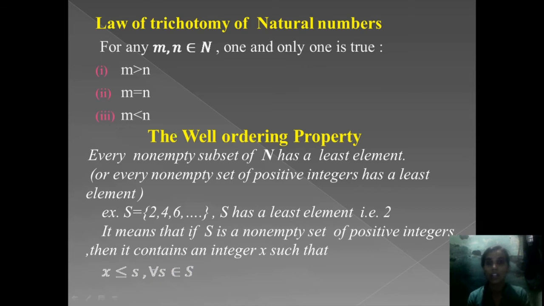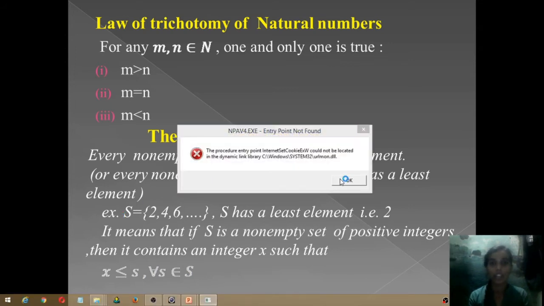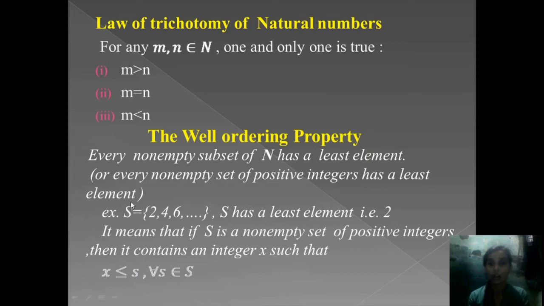This is an example where S is a subset of N and it has a least element. This is true for every non-empty subset of the set of natural numbers.